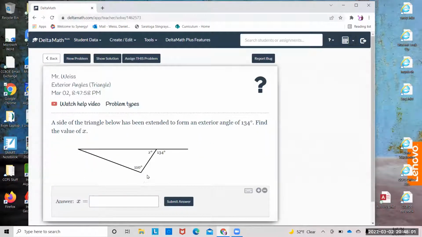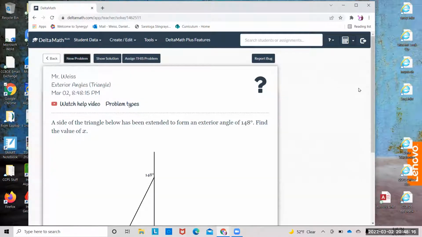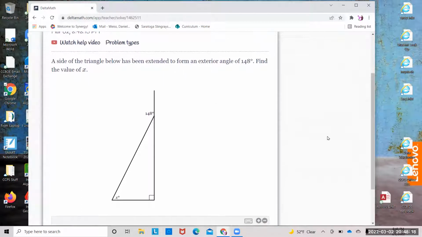Now, in this one, these two angles add up to 180. So just do 180 minus 134. But what I was really looking for, again, these two add up to 180. This is what I was looking for. Remember how this angle is equal to these two added together.